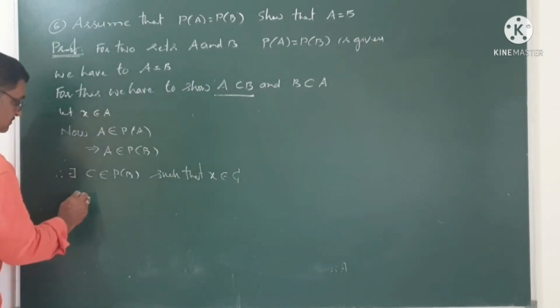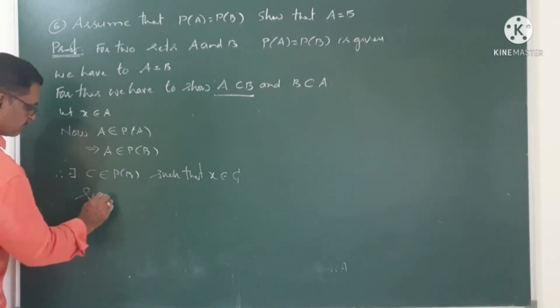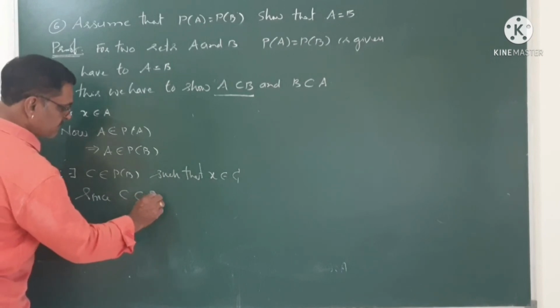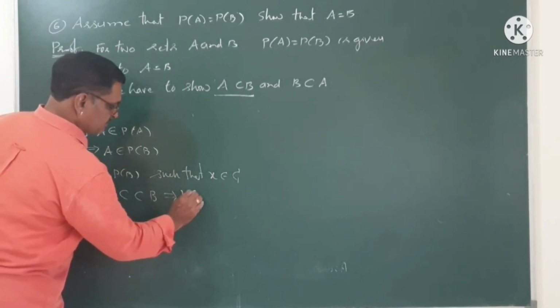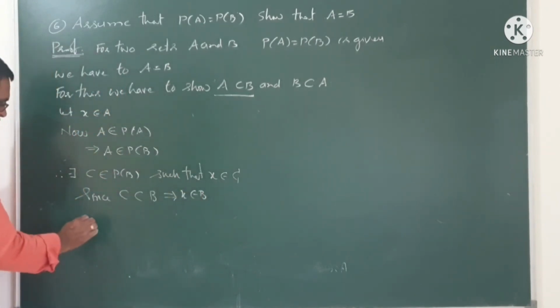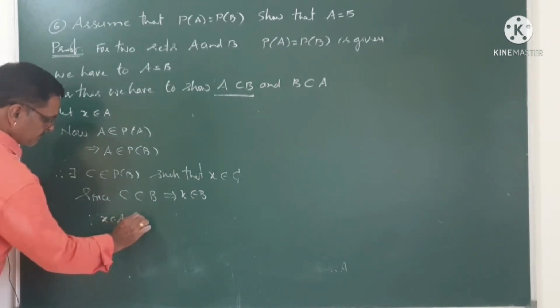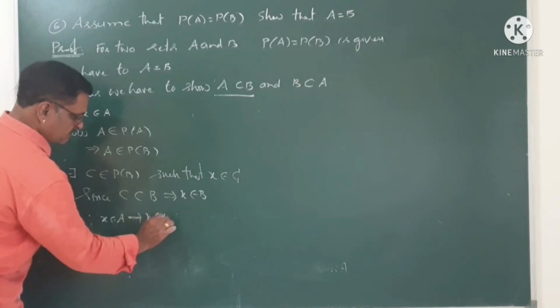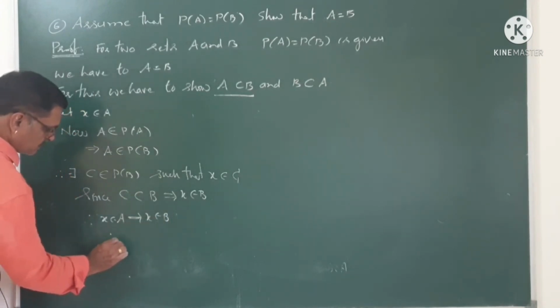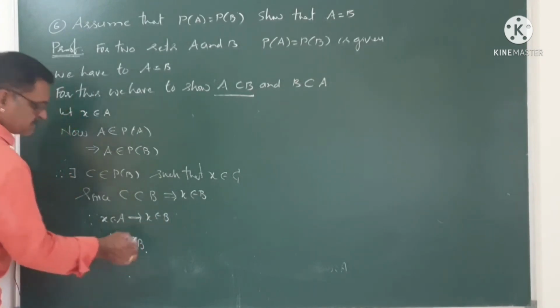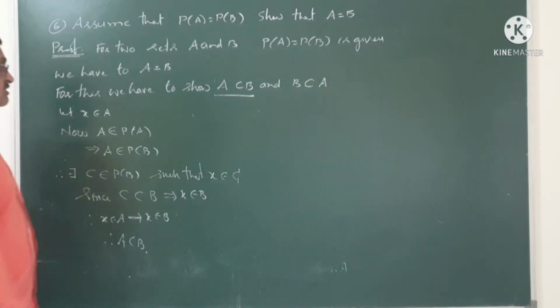Because C is a subset of B. Since C is a subset of B, this implies x belongs to B. Therefore, x belongs to A implies x belongs to B. Therefore, A is a subset of B.